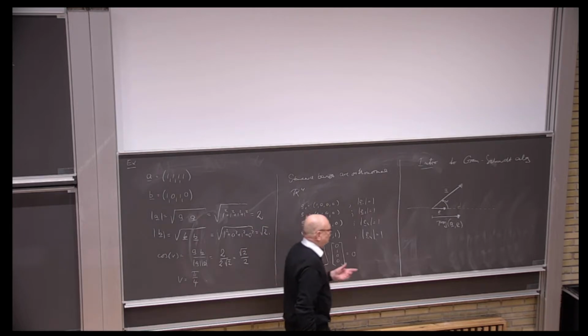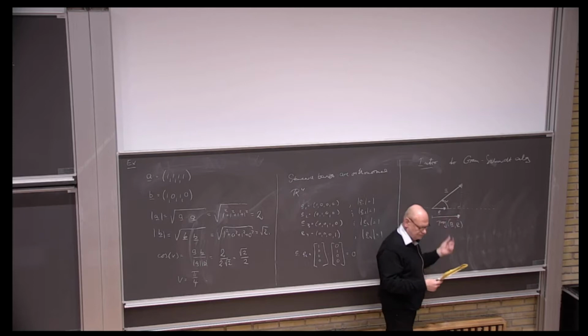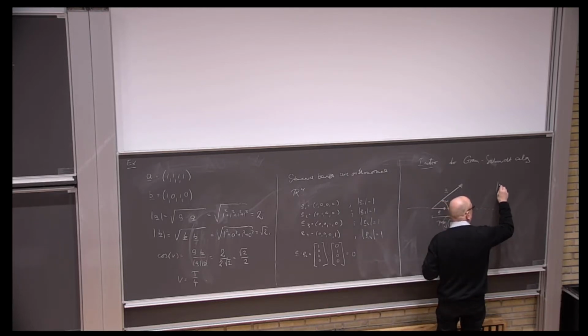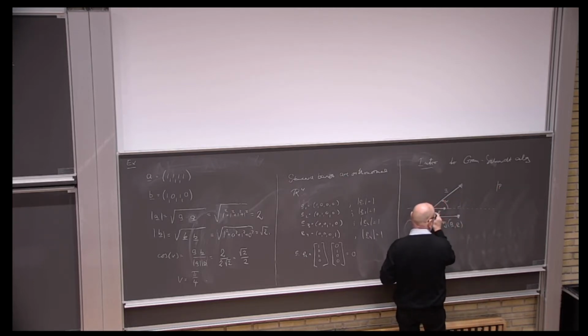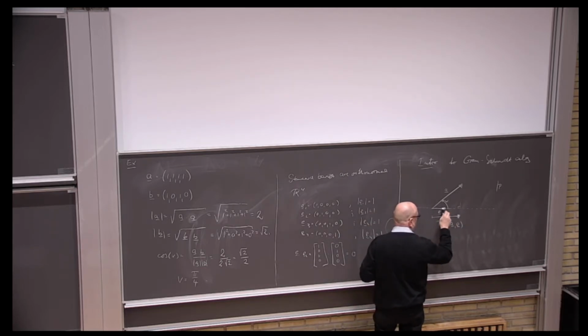Now, first of all, I will compute the length of this vector. Here you have two vectors, and you have the angle between them. So if you use your old school trigonometry, then this will be the length of this side here in this right-angled triangle.